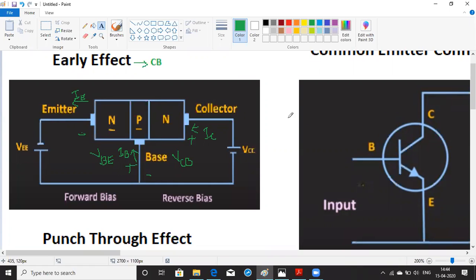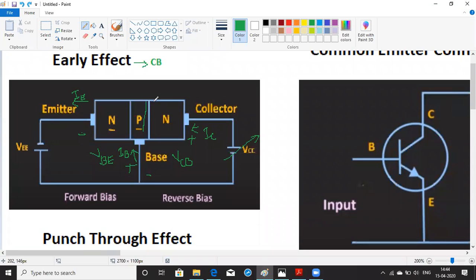Now what is this effect actually? This effect occurs whenever you are increasing the voltage. For example, if you increase this VCC, that means you are increasing this VCB voltage. There is a depletion layer for the collector base junction.